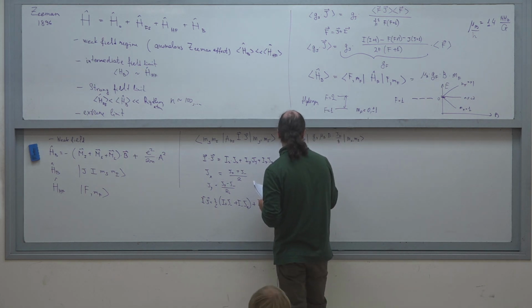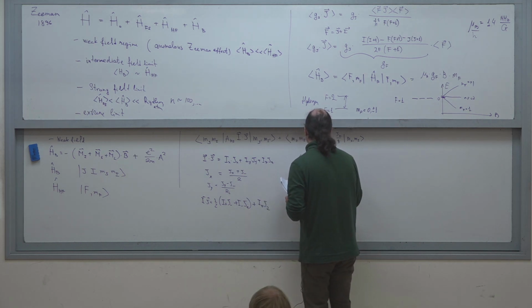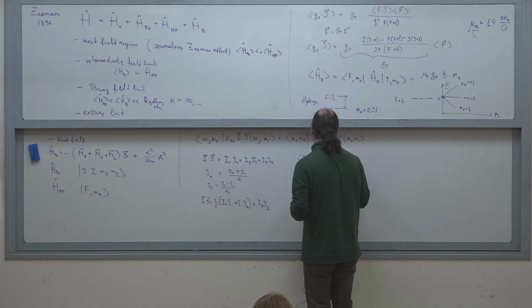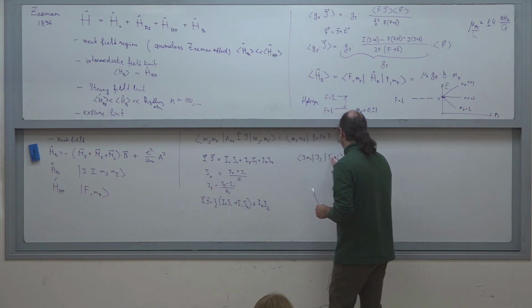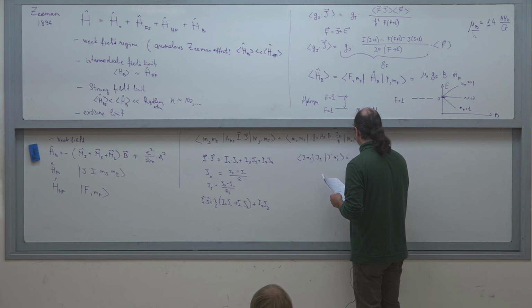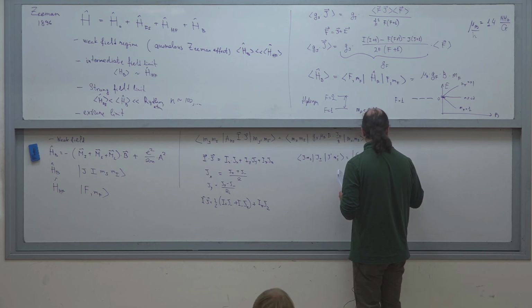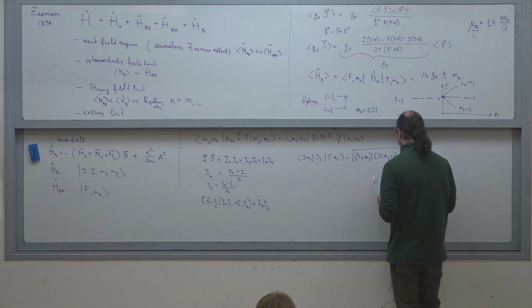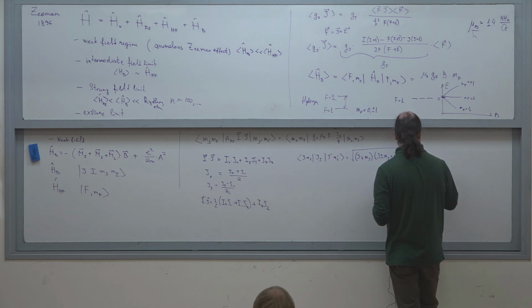I'm just writing these expectation values: <J, M_J| J_plus/minus |J', M_J'> is equal to the square root of (J minus/plus M_J)(J plus/minus M_J plus 1), multiplied by delta of J', J and delta of M_J', M_J plus/minus 1, right?